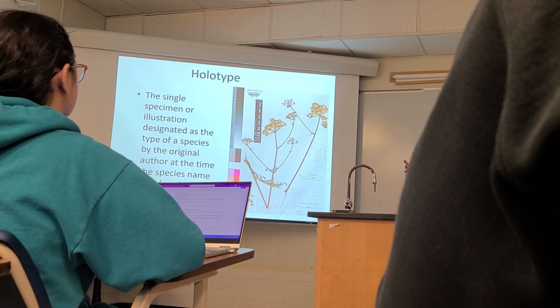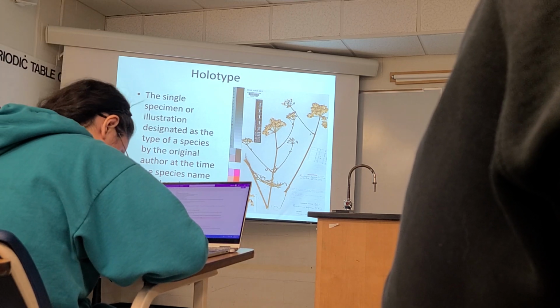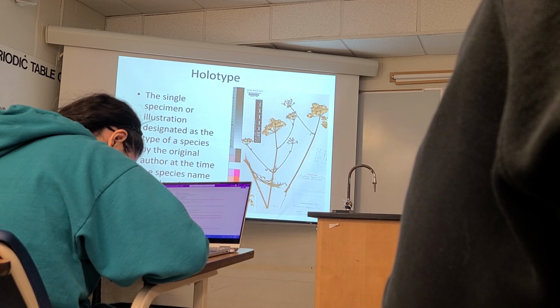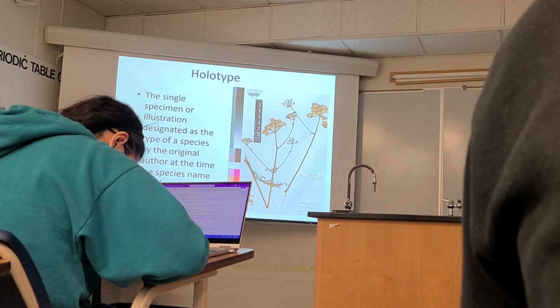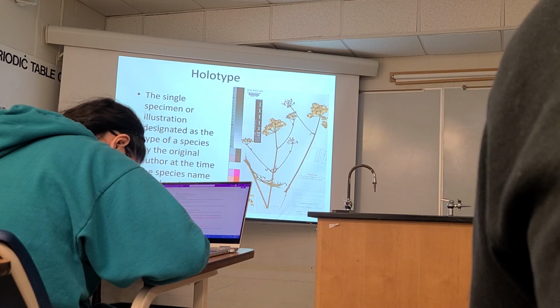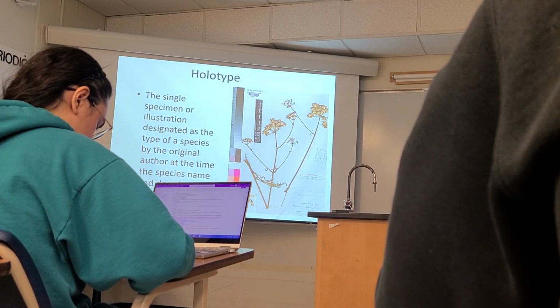There will only ever be one holotype. You can have as many copies of that as you want, but only one of them is actually designated as the holotype. And if something happens to this, and it has to be replaced, it is no longer called a holotype. Only this one can be considered the holotype.